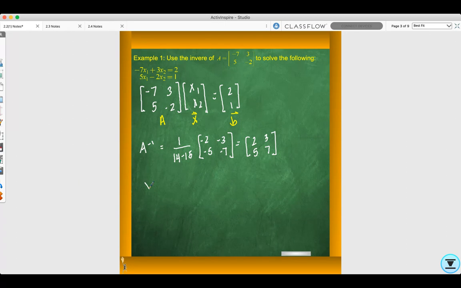So then x would be A inverse times B. So that would be 2, 5, 3, 7 times 2, 1, which would equal 7, 17. So x1 would be 7, x2 would be 17.